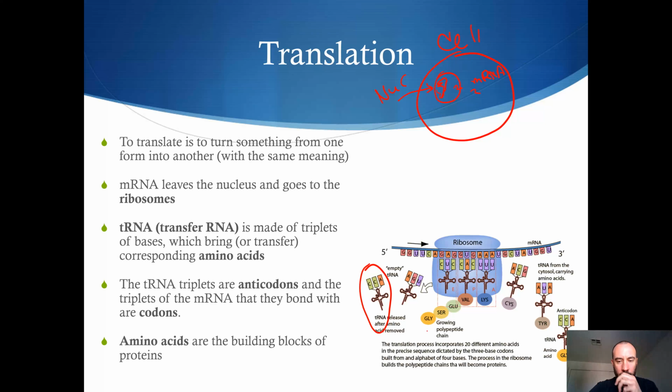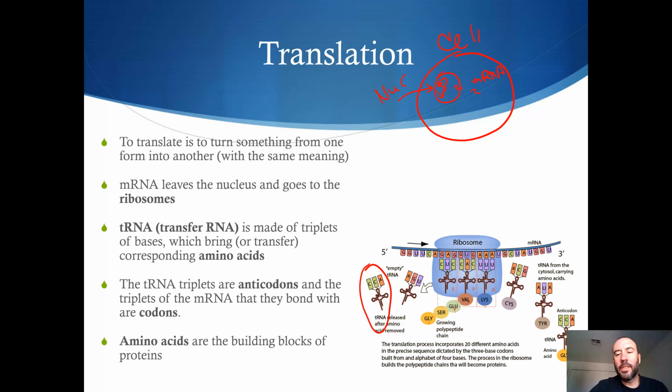So amino acids are the building blocks of proteins, and these are amino acids down here. So you've got glycine, serine, glutamine, I think, valine, lysine. Don't quote me on that, but I think that's what they are. There are 20 different amino acids, okay?